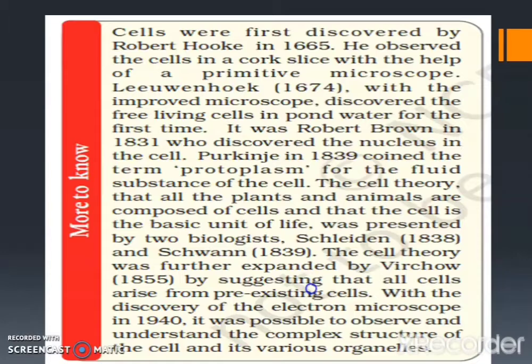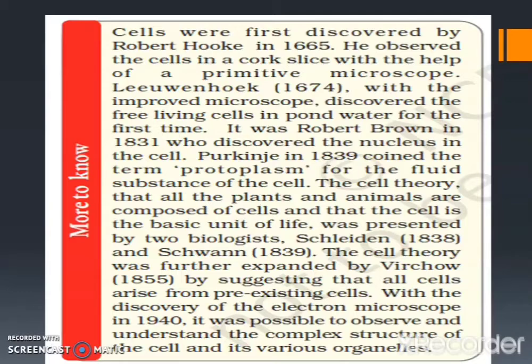Okay, and then the cell theory, that all plants and animals are composed of cells and the cell is the basic unit of life, was first presented by two biologists. ഇപ്പോൾ സെല്ലാണ് എല്ലാ ഓർഗാനിസംസിൻ്റെയും ബേസിക് യൂണിറ്റ് എന്ന് പ്രൂവ് ചെയ്ത രണ്ട് ബയോളജിസ്റ്റാണ് these people. So they are the ones who formulated the cell theory.